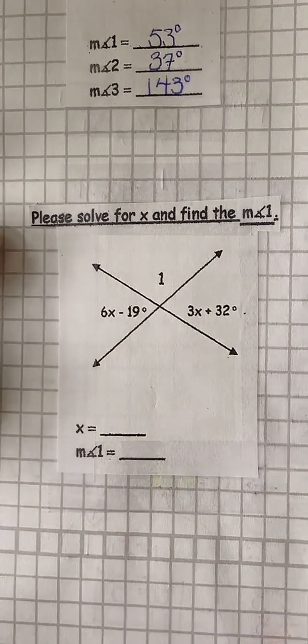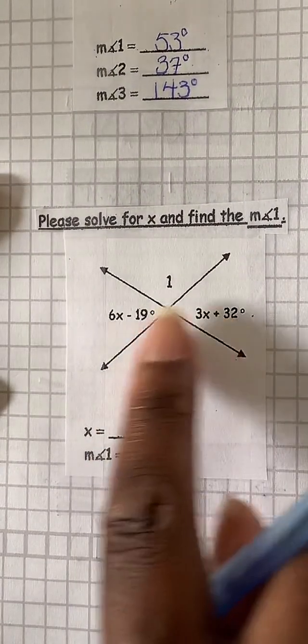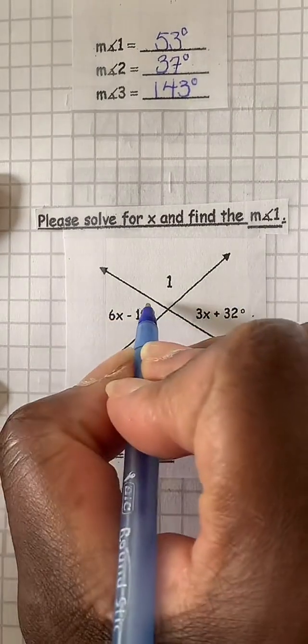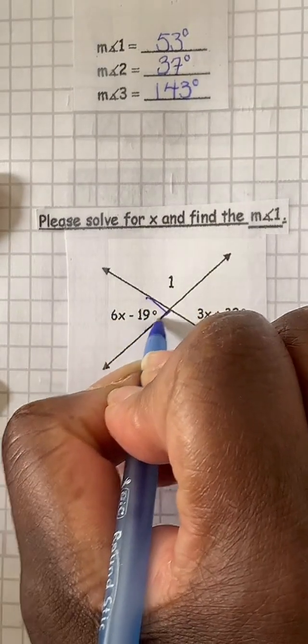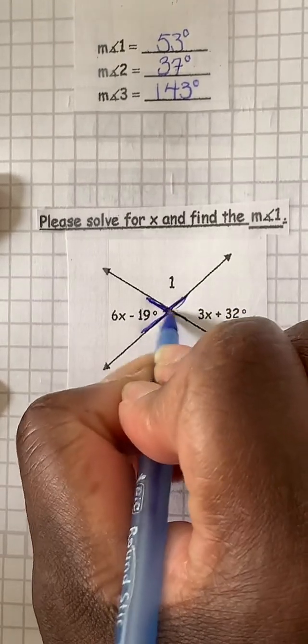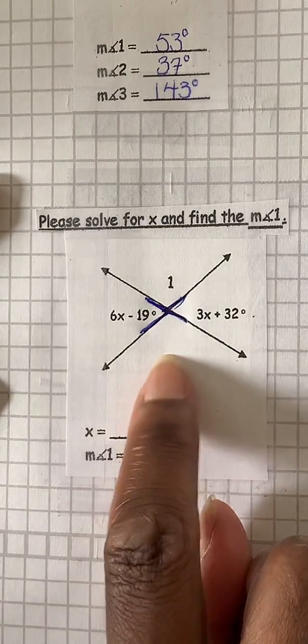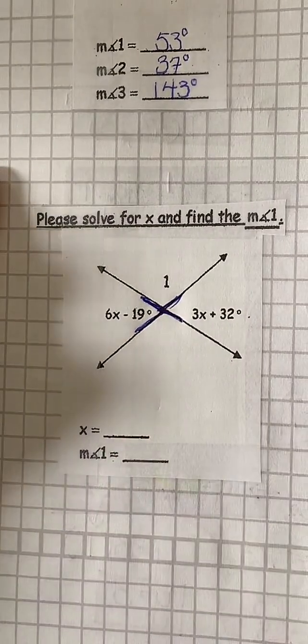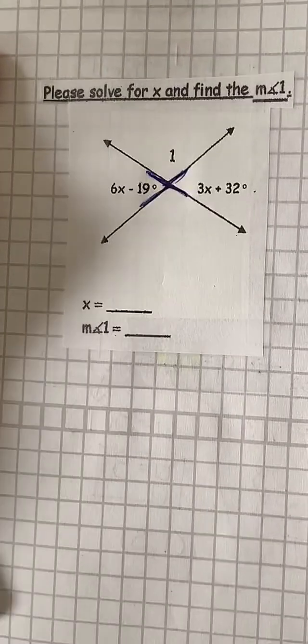So let's see. First thing, we have vertical angles. Vertical angles are equal to each other. And this is when these get a little hairy. They always have something like this on here. So just keep an eye out for that. So let me raise up a bit.